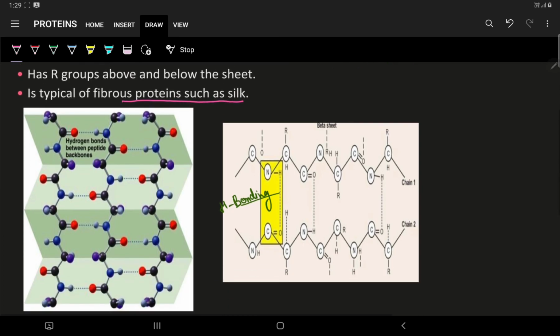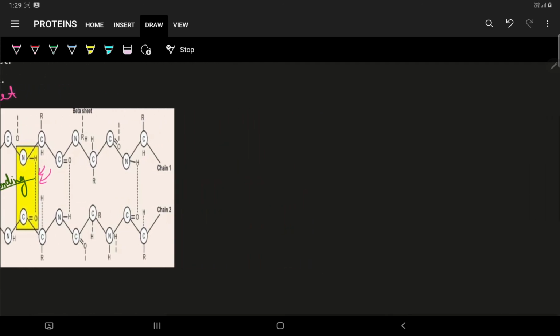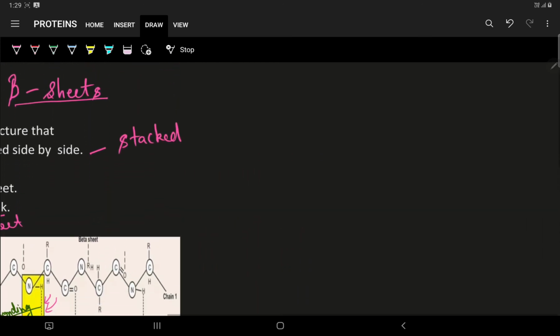You can see here the arrangement of the beta pleated sheets. Just see, these are the sheets, a sheet-like structure represented by the hydrogen bondings present here. So they form sheet-like structures. Now these are the hydrogen bondings. See here, these are the hydrogen bondings. Now let us draw the structure for beta pleated sheets and you will understand how these work out.